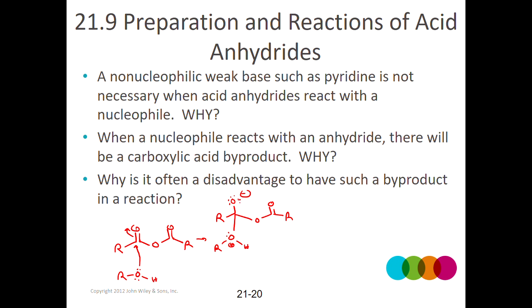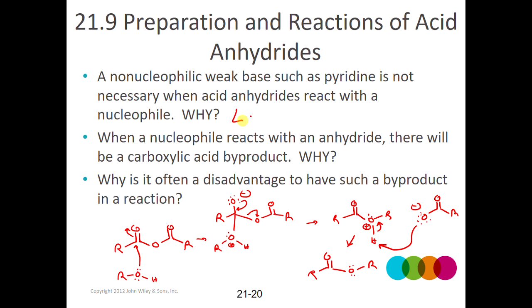Well, it can, but not very readily. So when this lone pair swings in and pushes out this leaving group, the carboxylate that results is basic enough, the leaving group itself, even though it's stabilized through resonance, is basic enough to remove that proton. So the anhydride has a nice built-in base that forms when the leaving group leaves, because the leaving group itself is a weak base.